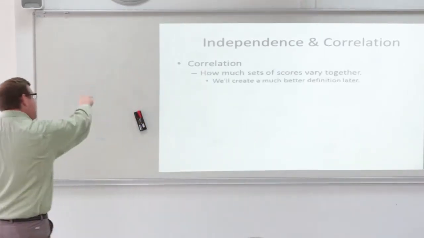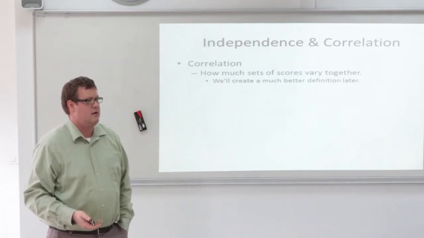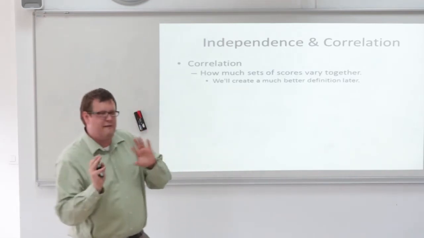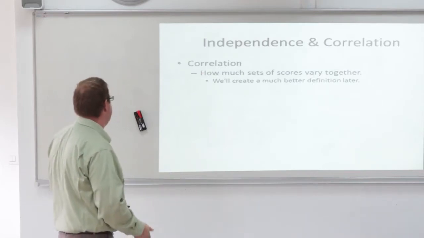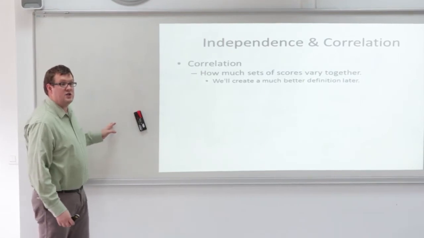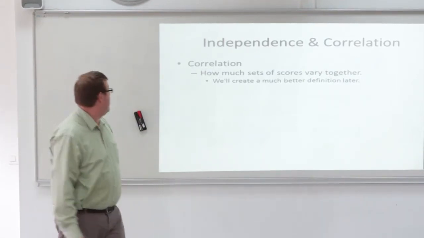So I said here, how much sets of scores vary together? This is a simple, not very precise definition that we will make a lot better later, but it's a reasonable way to think about things. So as scores go up on one thing, do scores go up on the other thing, right? If they do, then you've got a positive correlation.